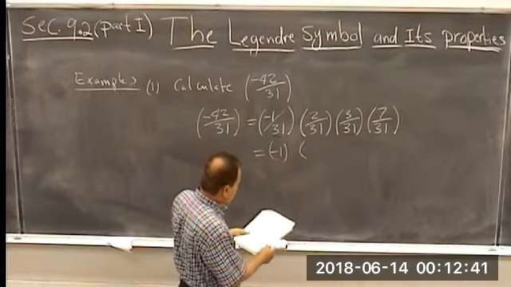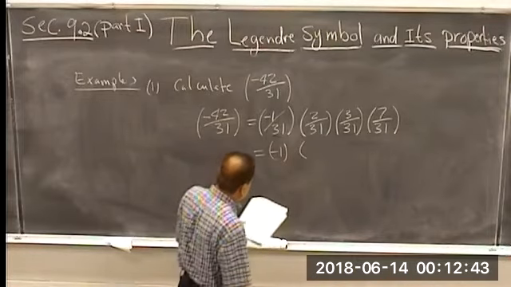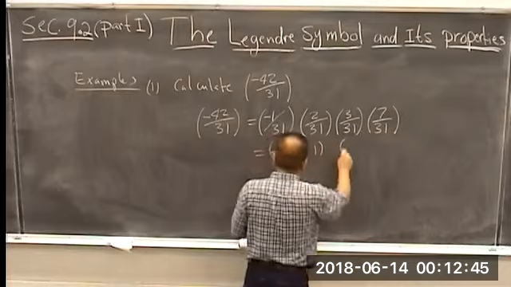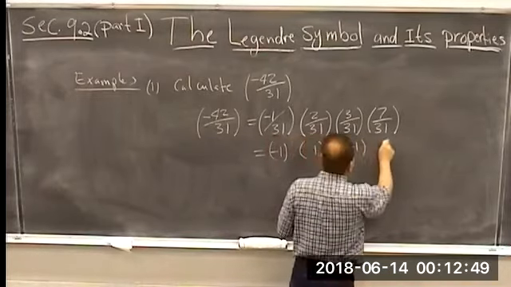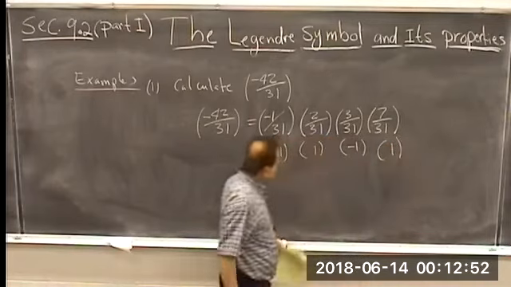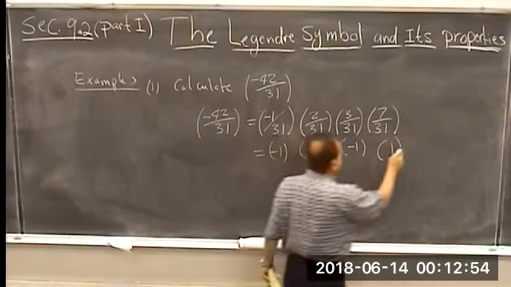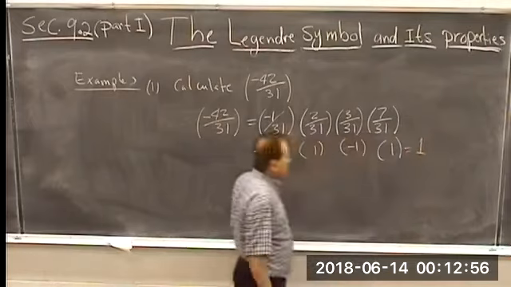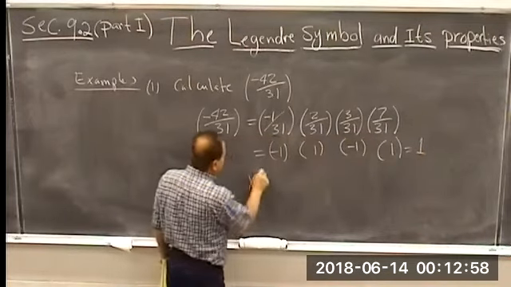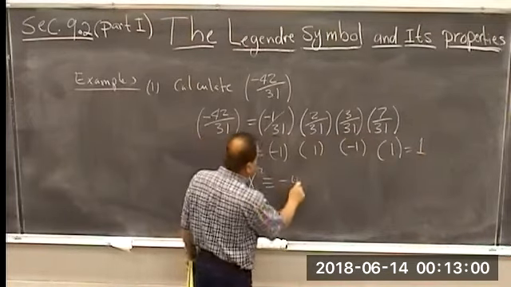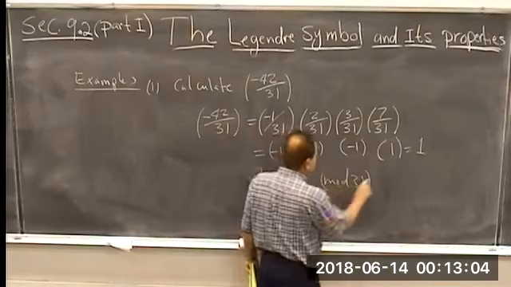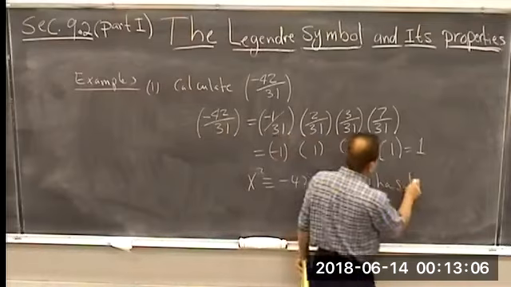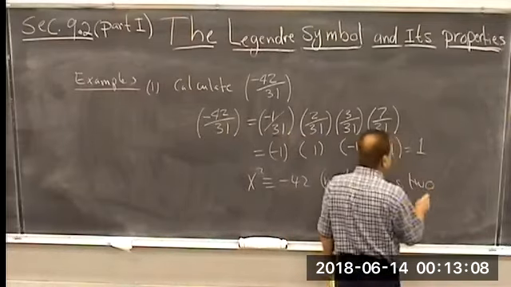Now this one is going to be a positive 1, the 3 is going to give you negative 1, and the 7 gives you positive 1. So altogether it gives you 1. So this means that x squared congruent to minus 42 mod 31 has exactly 2 incongruent solutions.